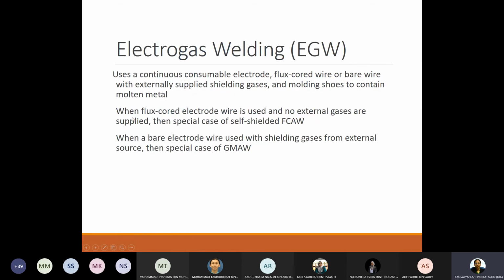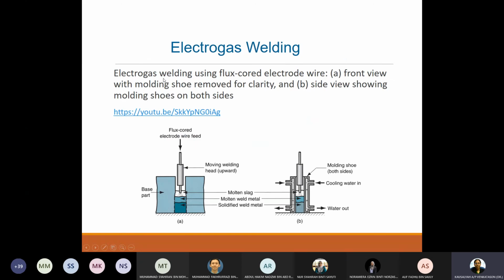When flux core electrode wire is used and no external gases are supplied, the case will be self-shielded, and it will be otherwise when the gases are supplied. When a bare electrode wire is used with shielding gases from an external source, then it's a special case. So electro-gas welding uses flux core wire in a molding shoe.